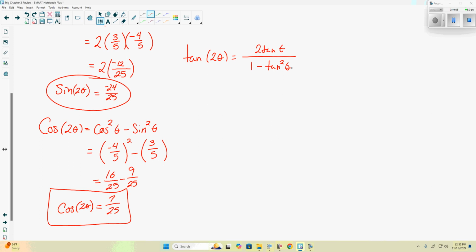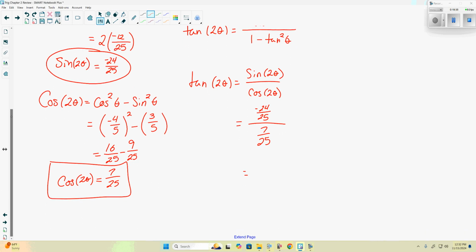Tangent is just sine over cosine, so I can just say tangent of 2 theta is equal to sine of 2 theta over cosine of 2 theta. And we already found sine. Sine is 24/25. And cosine is 7/25.